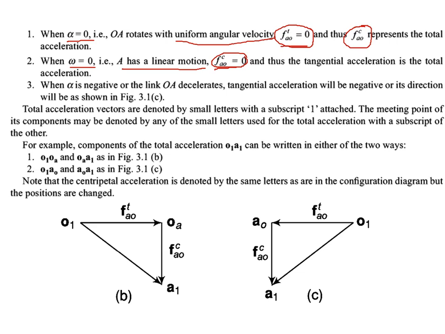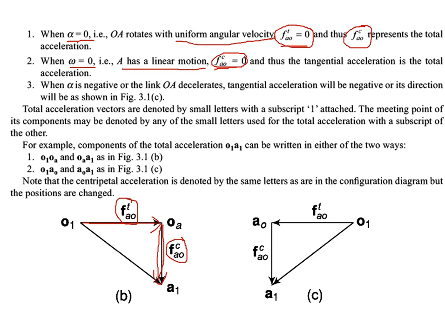To get O1 to A1, first take the tangential component, FTAO, and then from OA to A1, the centripetal component. This will be the perpendicular part and this will be the parallel part. The tangential and centripetal will always be perpendicular to each other.